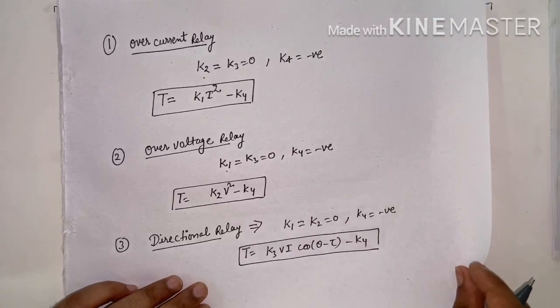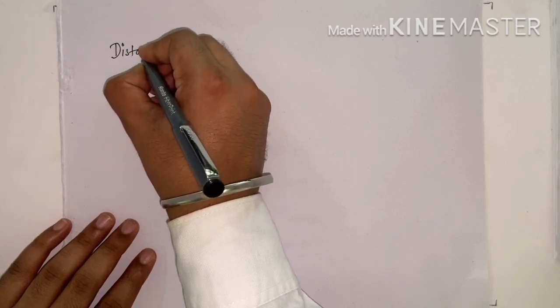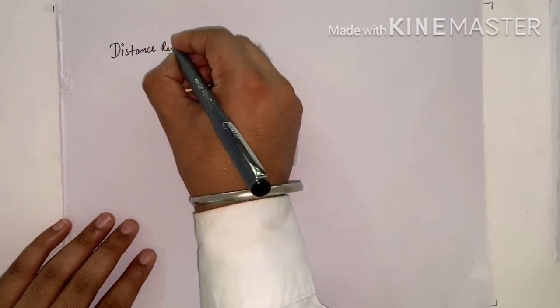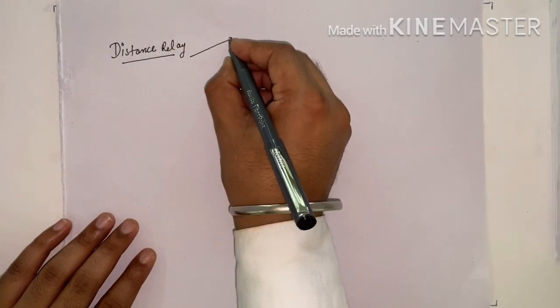Okay, so now the last category is the distance relay. The distance relay is categorized into three categories.